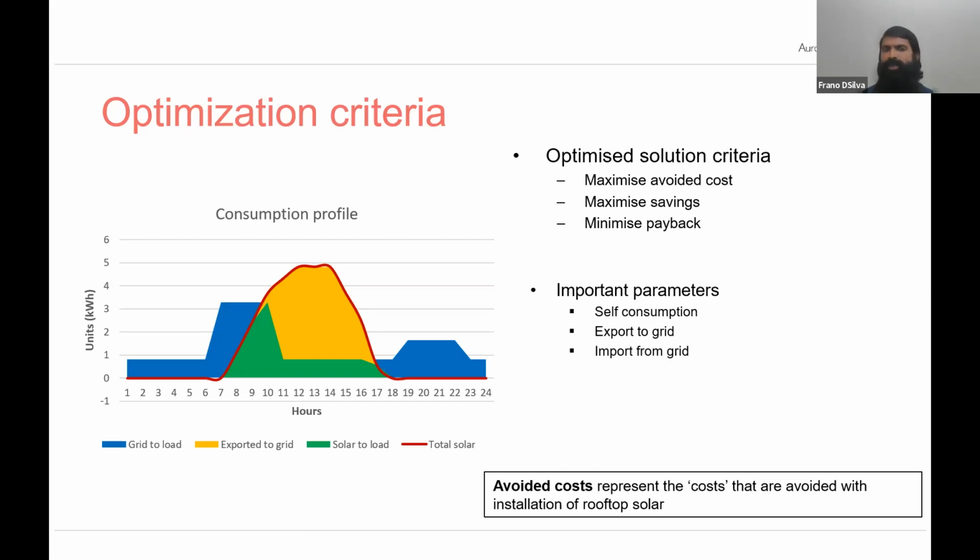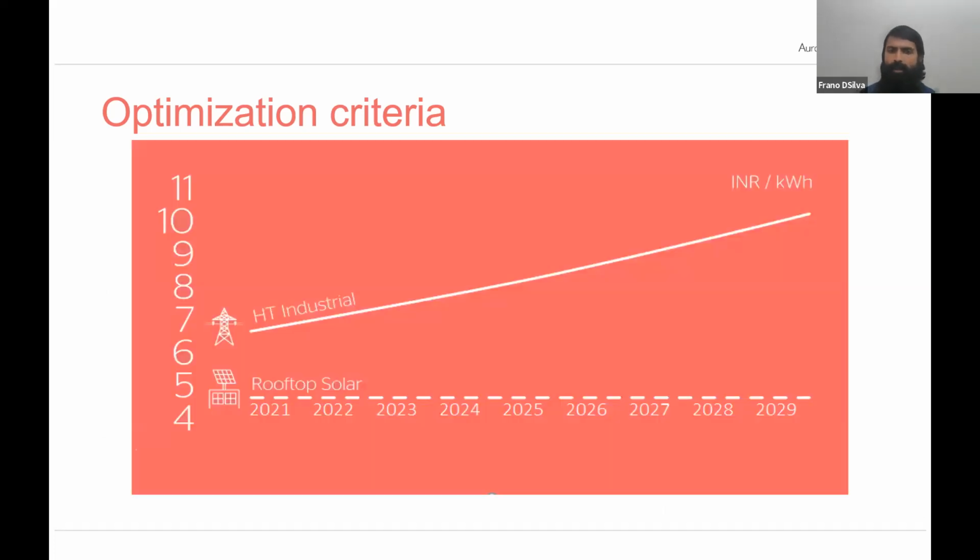To further explain a bit more on the avoided costs, please make a note of this graph where we show the generation costs on the x-axis and the years or the period on the y-axis. We have two representations here.